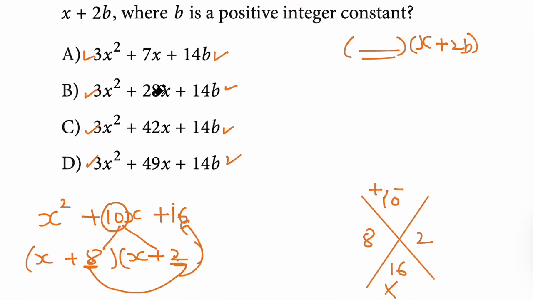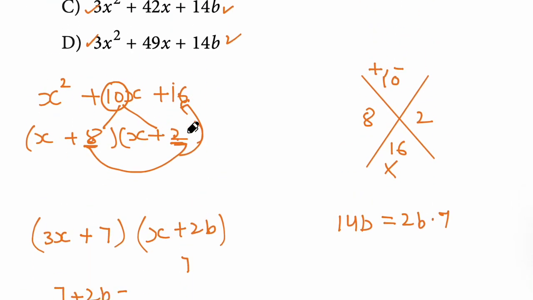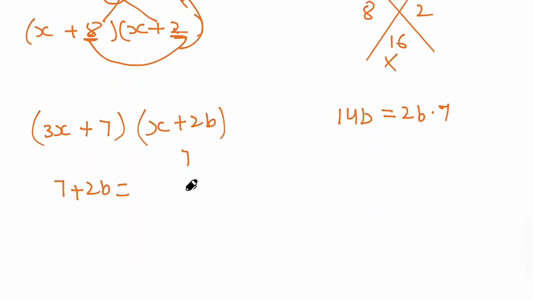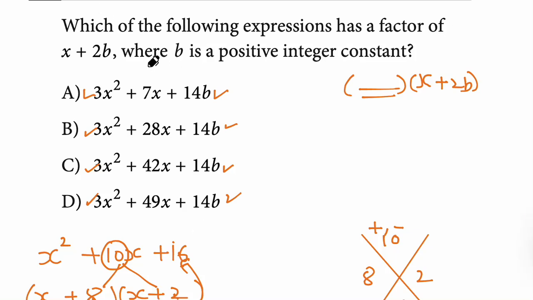It can be 7, 28, 42, or 49. But the other condition given in the question is that b has to be a positive integer constant. So what are positive integers? Just the counting numbers: 1, 2, 3, 4, 5, 6, 7, 8, 9, 10.